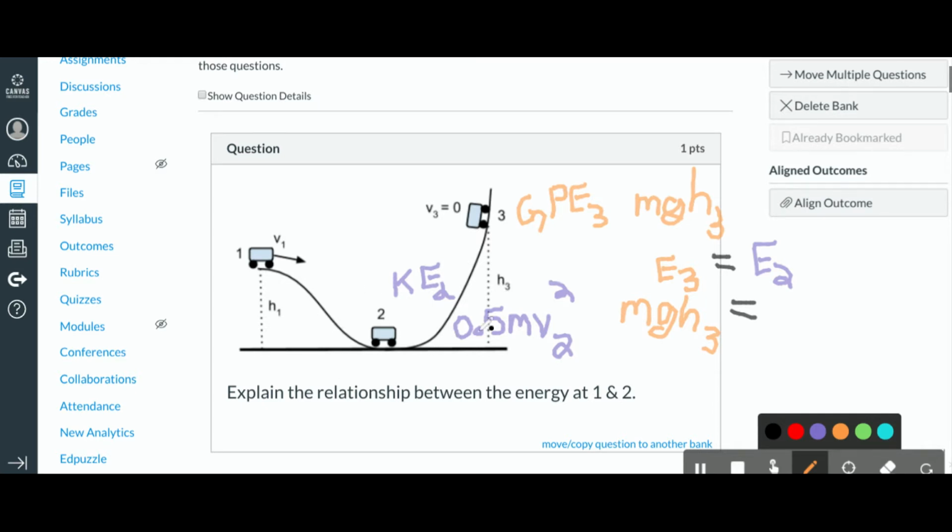And kinetic energy is 0.5 mv squared. So here at E2, you're going to see 0.5 mv squared. And this is how you substitute the variables into your energy relationship. You look at the energies, identify them, and then you make sure that you know the relationship between the energies, and then you substitute the variables in. So you're ready to solve.